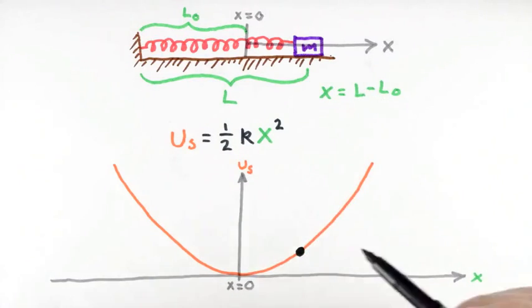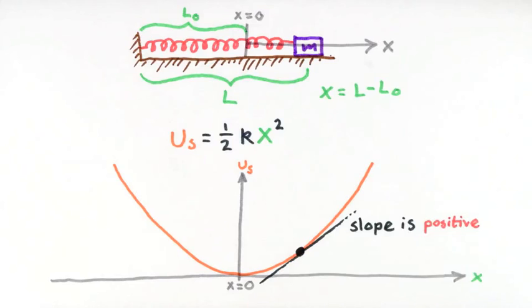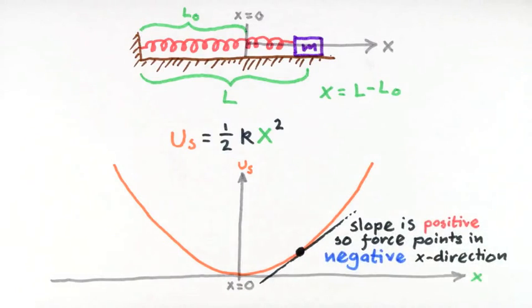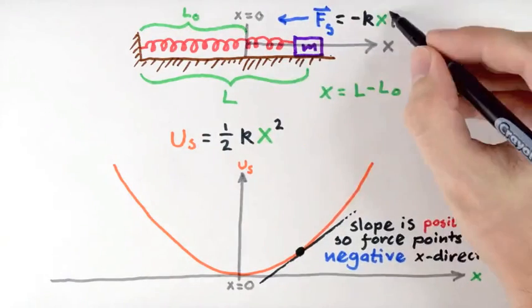The tangent line at that point has positive slope, meaning the gradient points in the positive x direction. However, the force is the negative of this slope, which means the force is pointing in the negative x direction. That makes sense since the spring is stretched longer than its relaxed length and, at this point, is exerting a force that is in the minus i hat direction.